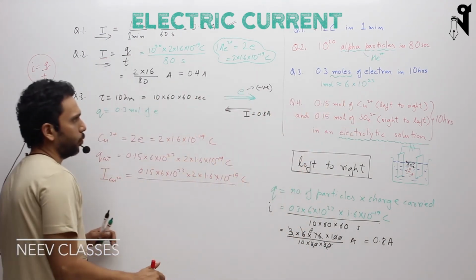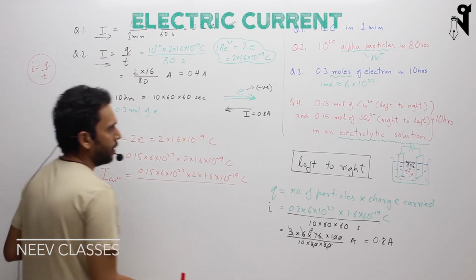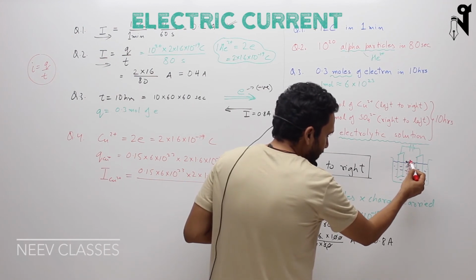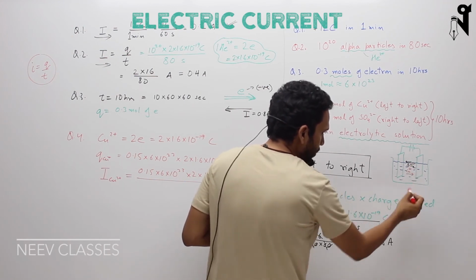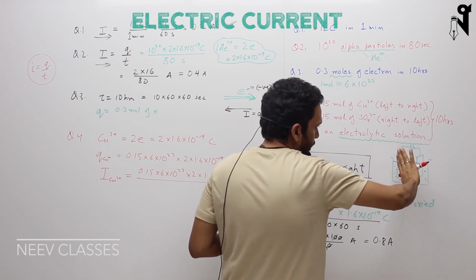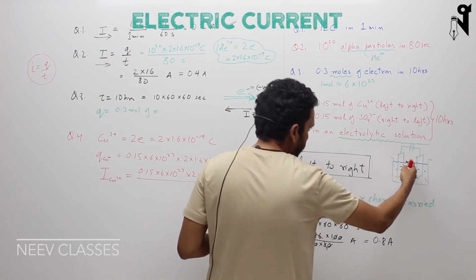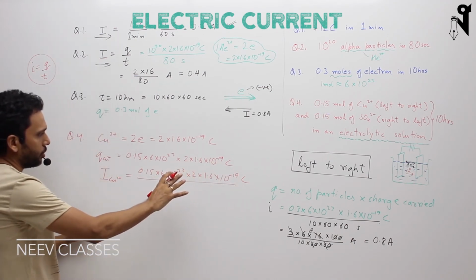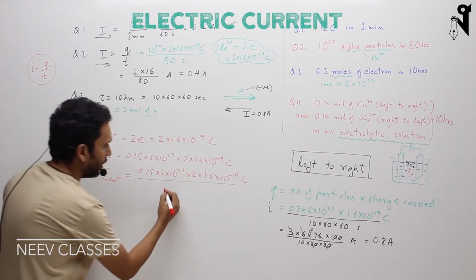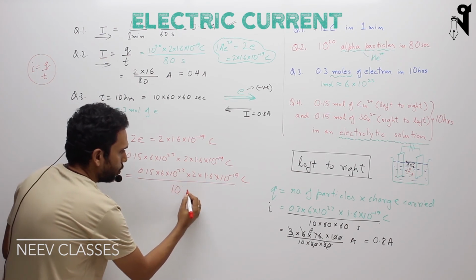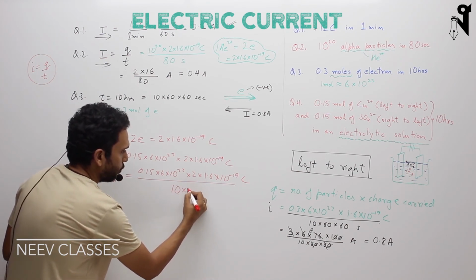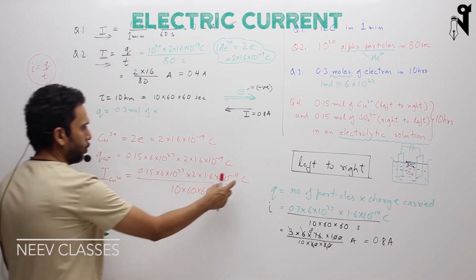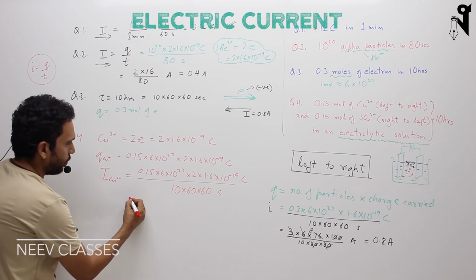So many of these ions are moving across a certain cross section or a certain point. Say this is the cross section, and so many copper ions are going that side, and so many sulfate ions are coming this side. So many copper ions constituting so much charge are moving in 10 hours from left to right. 10 hours would be 10 into 60 into 60 seconds. So we have coulomb by second again, and we'll do the calculation.